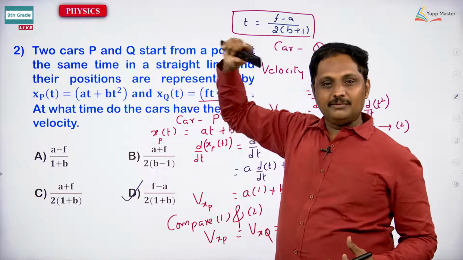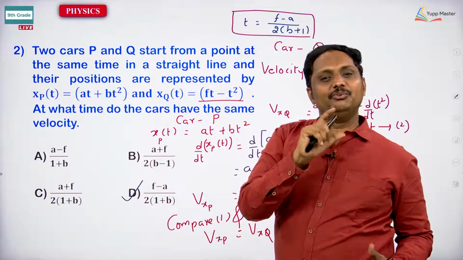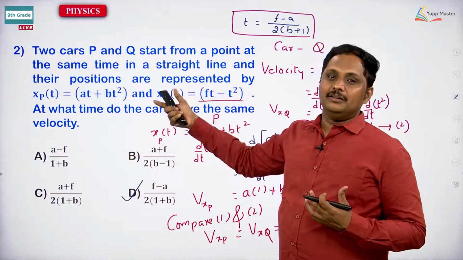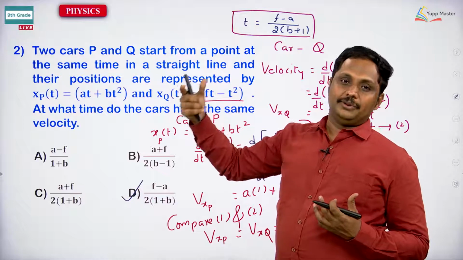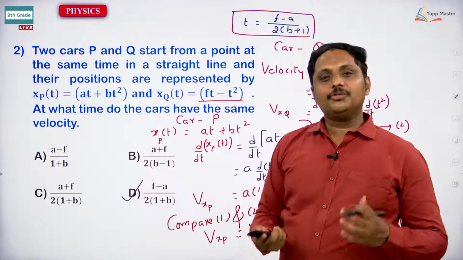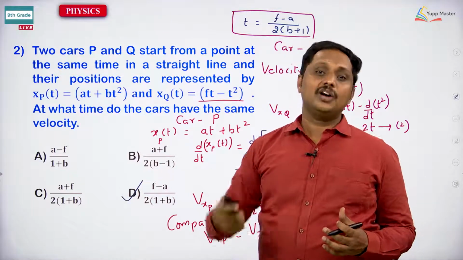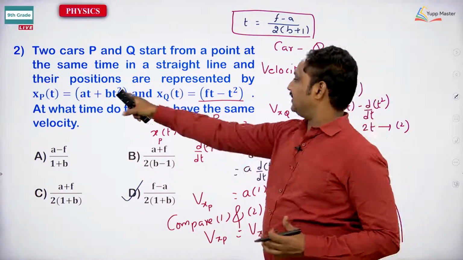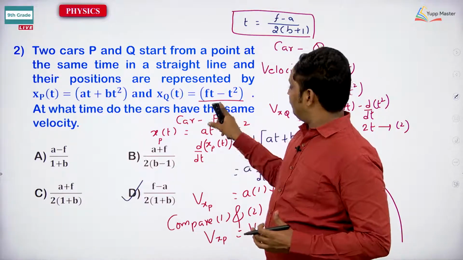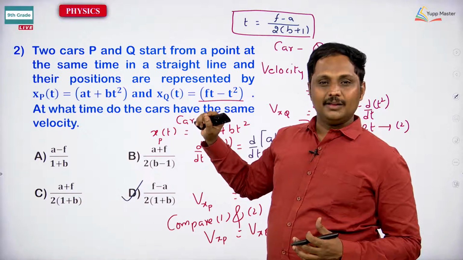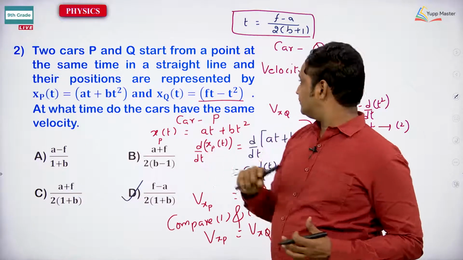Position has been expressed in the form of a function with respect to some constants and time. So, the position of the particle can be expressed as a function of time, as the summation that we have taken, that is a t plus b t square, here f t minus t square. It is very clear, right.